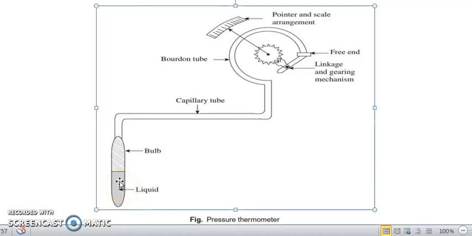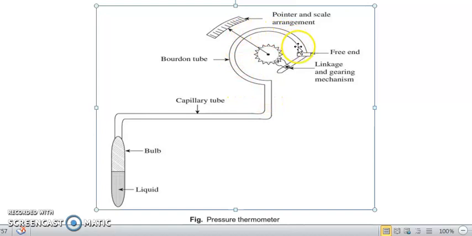Since inside this there is a liquid, it will expand according to the given phenomena, and then the vapor above this level will expand and pass through this capillary tube, and this vapor will create pressure onto this Bourdon tube.